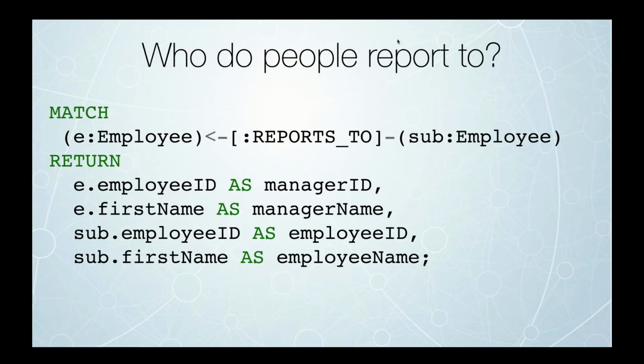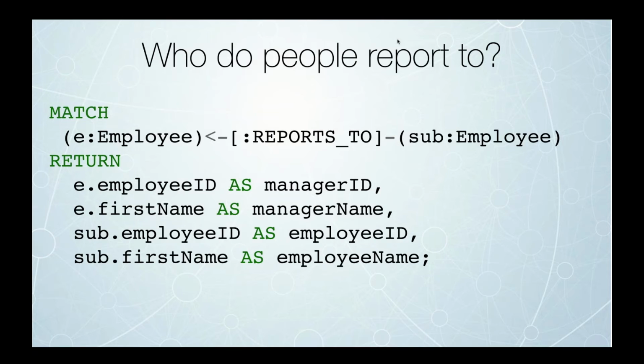Before, we were just returning using the asterisk, and that returned the entire subgraph, but we can also specify what values we want to return. You can see in our match clause, before the employee label, we have an e, and then on the other end we have a sub, so we have an employee and then a subordinate. And the e and the sub are aliases.